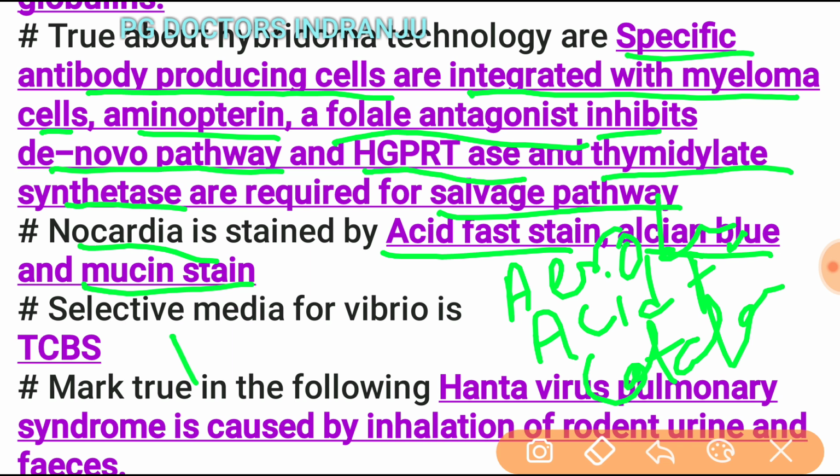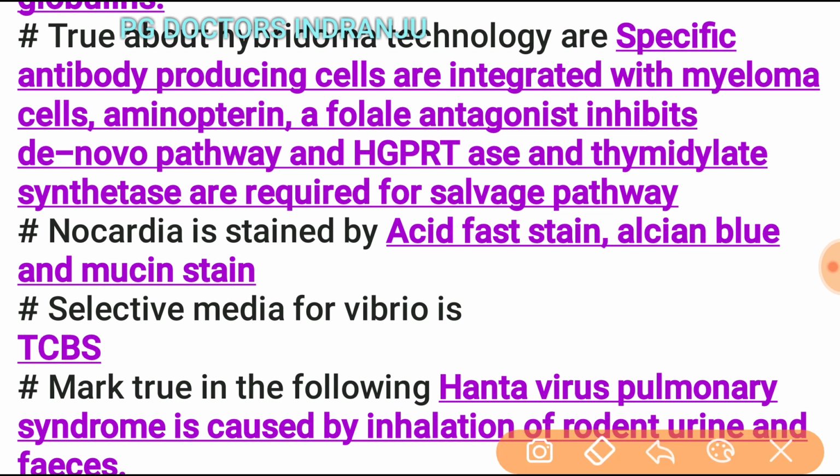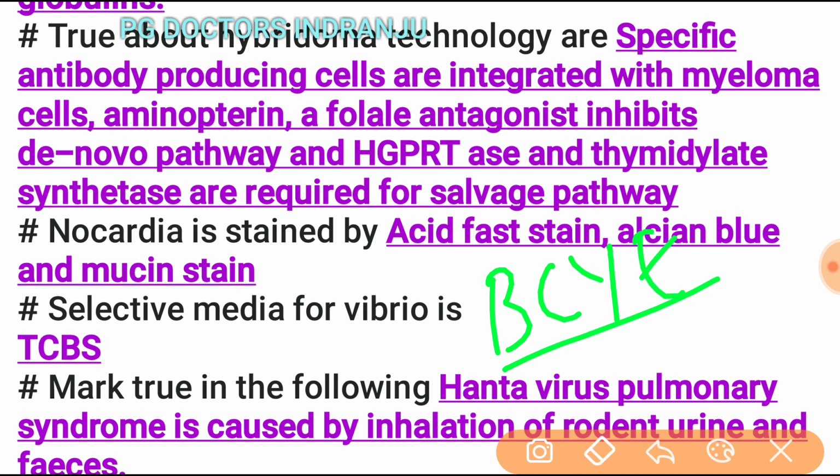Another medium used is BCYE, where yeast extract and activated charcoal are used.